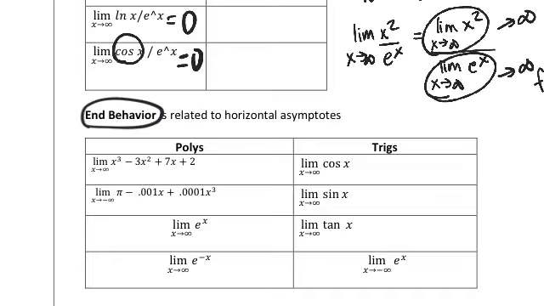there is. So for polynomials, we know that end behavior tells us, do I go to positive infinity or negative infinity? Polynomials never have horizontal asymptotes, right? So you just have to look at the leading coefficient and the power, whether it's odd or even, and from algebra we know that this one goes to infinity, right?